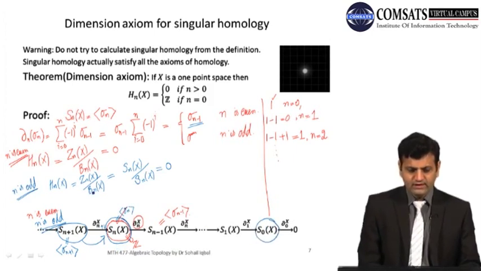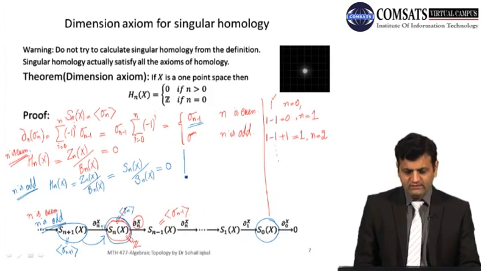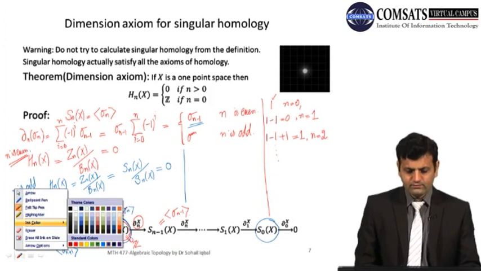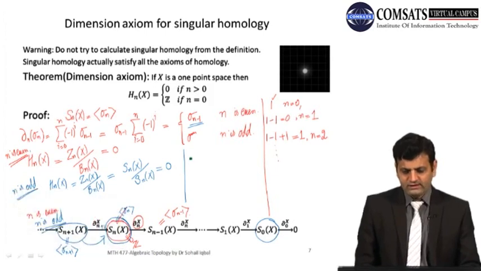Now there is one thing left. When I assumed that n is even, I assumed that n is not equal to 0. So let's discuss what will happen when n is equal to 0. What is the kernel?